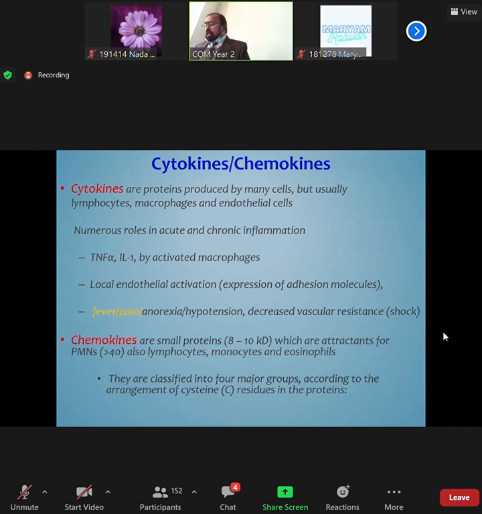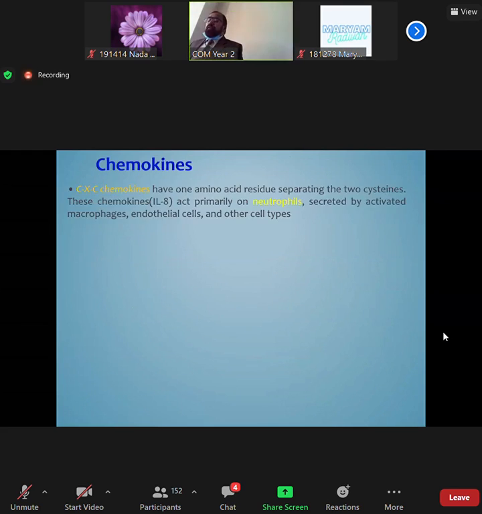They are classified into 4 main groups, and we will be discussing each group according to the arrangement of cysteine molecules. Number 1 is CXC. An amino acid is present in the middle of 2 cysteine molecules, CXC, separating the 2 cysteines.